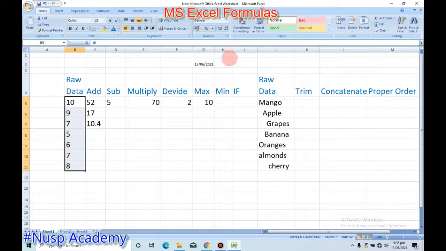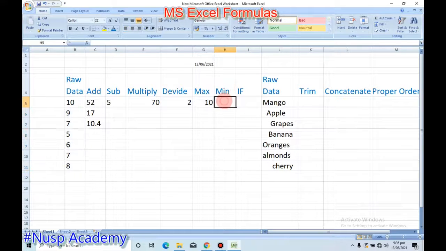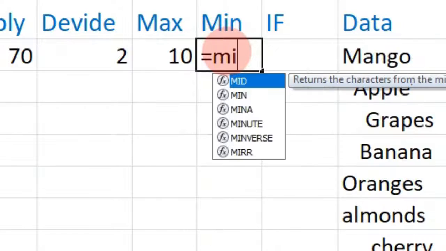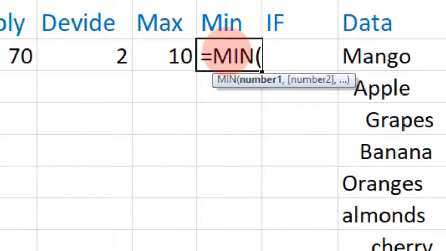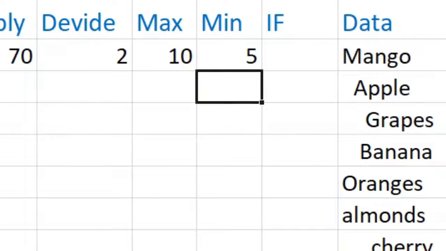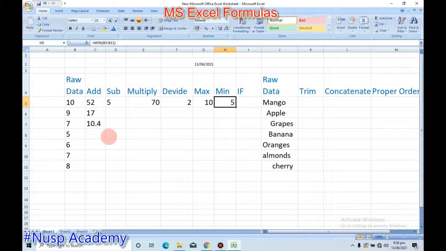If we find out the minimum number, the smallest number, we have the formula min, select the series, parentheses, press enter. We have 5. 5 is the smallest number in this series.